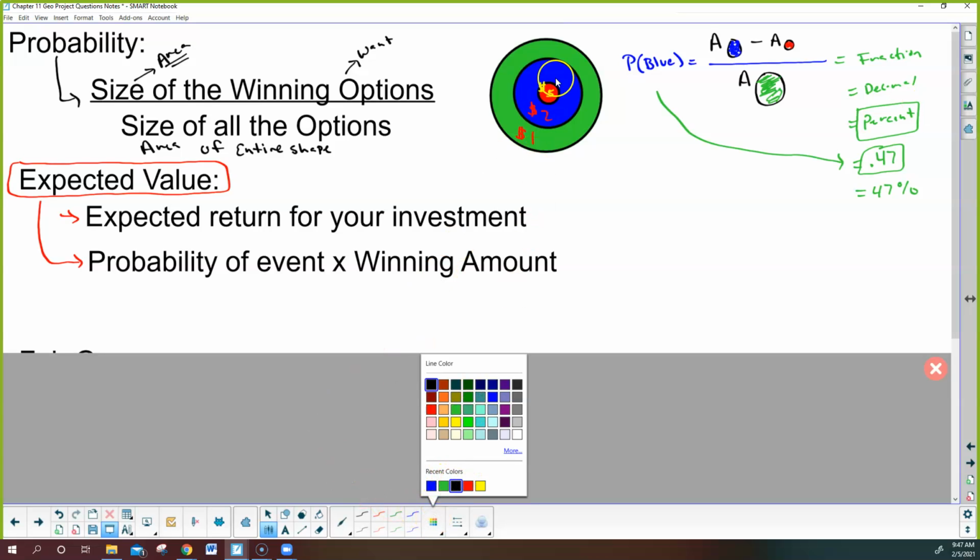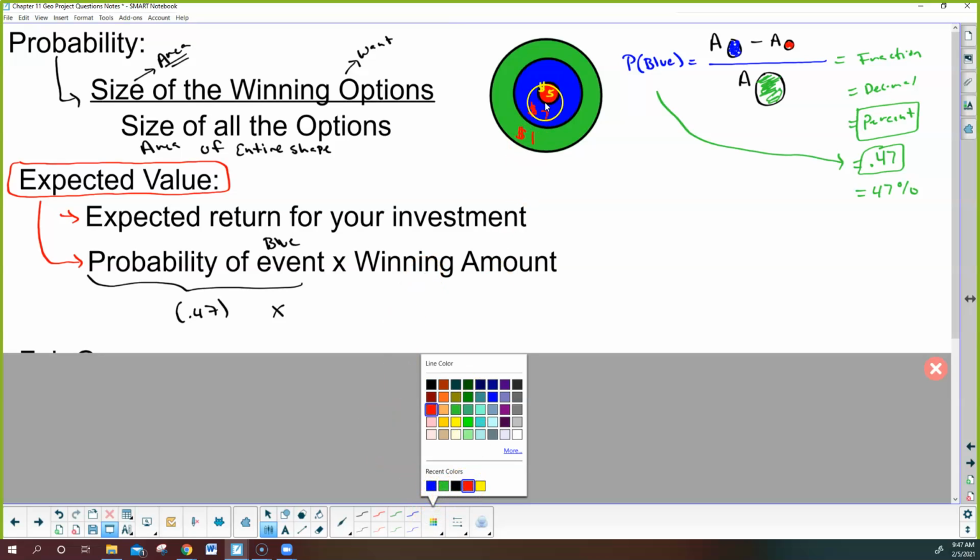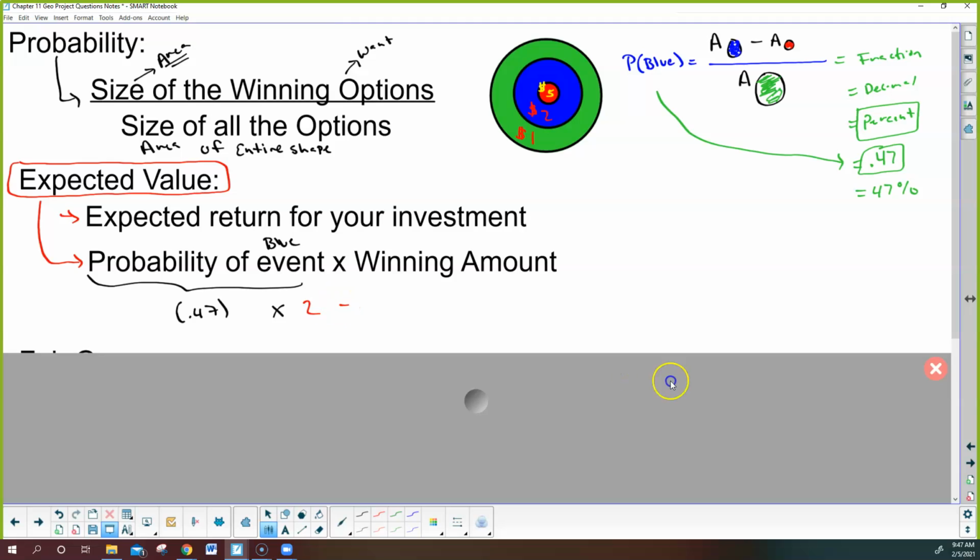So these are the winnings if you hit, and we want to figure out the probability of hitting the blue. My expected value, if it costs me $2 to play the game, I'm going to take the probability of the event. In this case, our event was the probability of hitting blue. It's 0.47, times what I would get if I hit the blue, which is $2. And then we multiply that together.